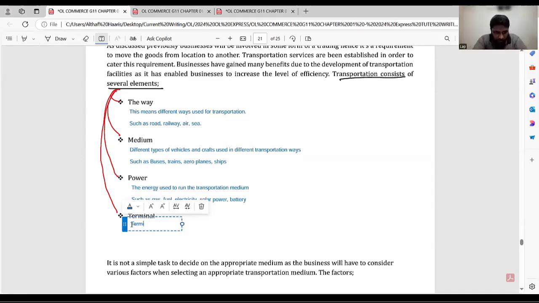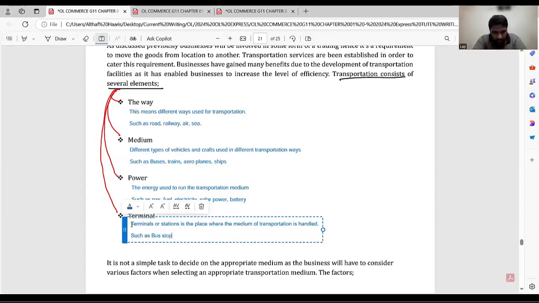Terminals or stations are the places where the medium of transportation is handled, such as bus stop, railway station, airport, harbor.